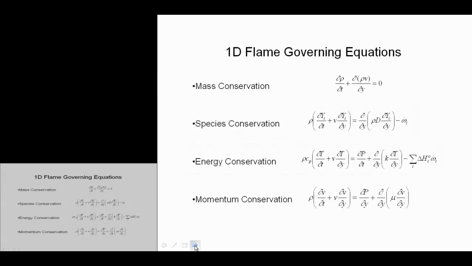In just a one-dimensional flame problem, so remember that was that flat profile. That's not particularly flat. So again, if we're looking at this tube and we're interested in this flame propagating in the tube, we're solving mass conservation, where the d/dt terms are all our transient terms.